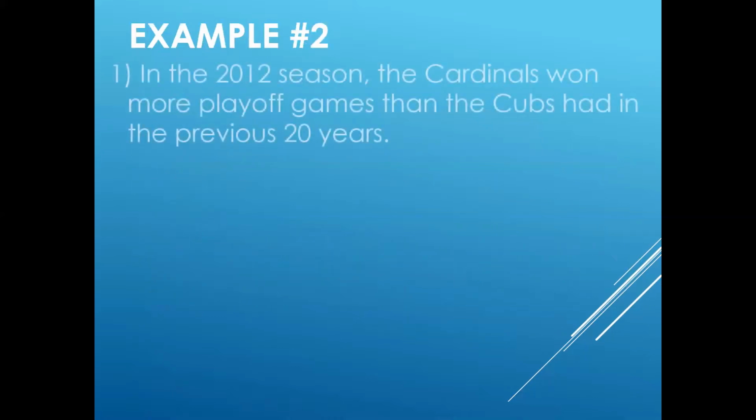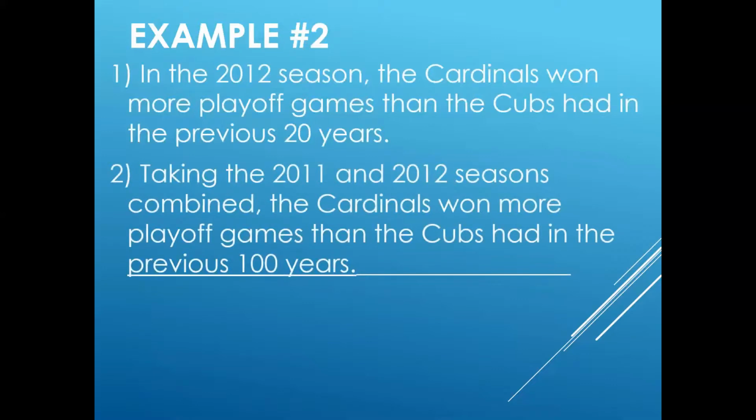Here's another example. In the 2012 season, the Cardinals won more playoff games than the Cubs had won in the previous 20 years. Taking the 2011 and 2012 seasons combined, the Cardinals won more playoff games than the Cubs had won in the previous 100 years.